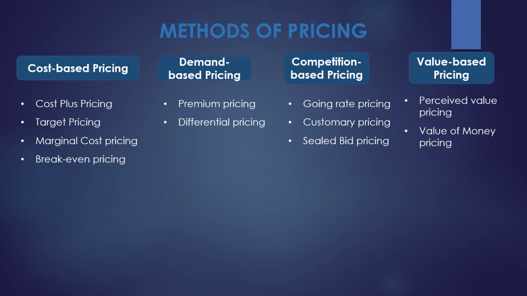So we get total cost per unit, and a fair margin of profit is added to the cost. So total cost per unit plus a fair margin of profit, say 20% plus 20% profit. So that is called cost plus pricing.